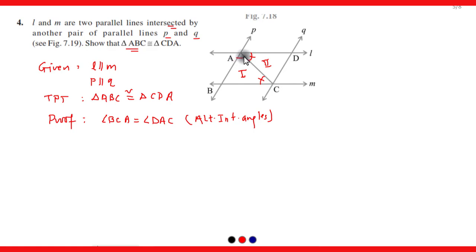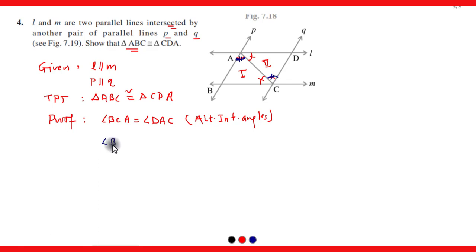Similarly, this angle and angle DCA, these two angles are denoted by another color. This angle and this angle are also alternate interior angles, and therefore because these two lines are parallel and this is a transversal, this forms a Z shape, and therefore these angles are the alternate interior angles, and therefore these two are also equal.